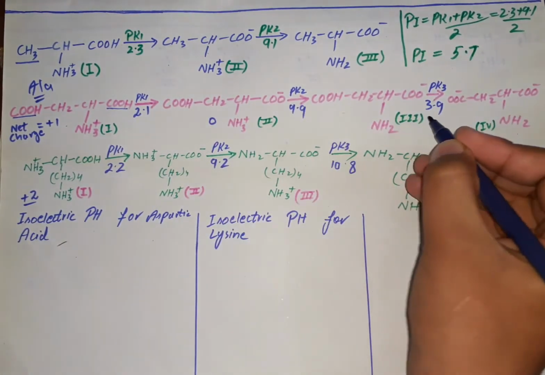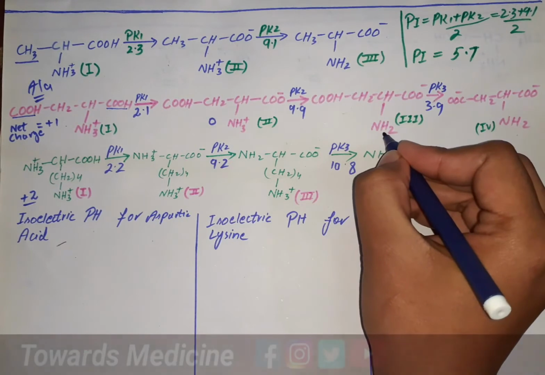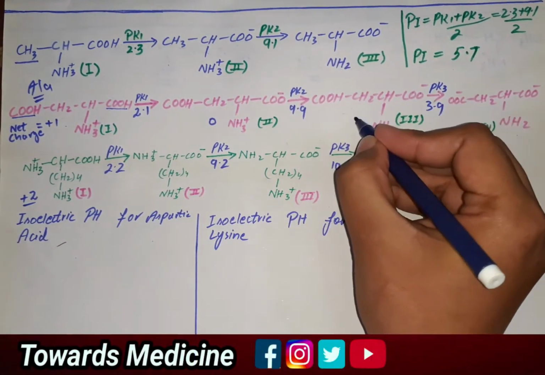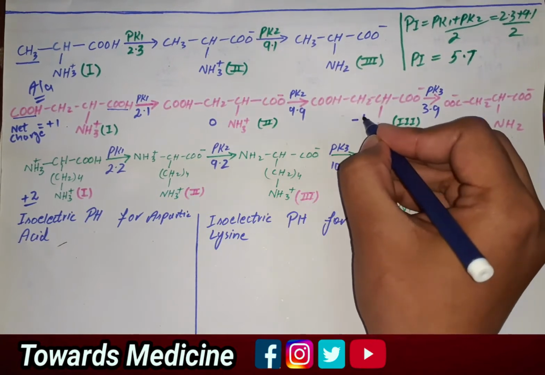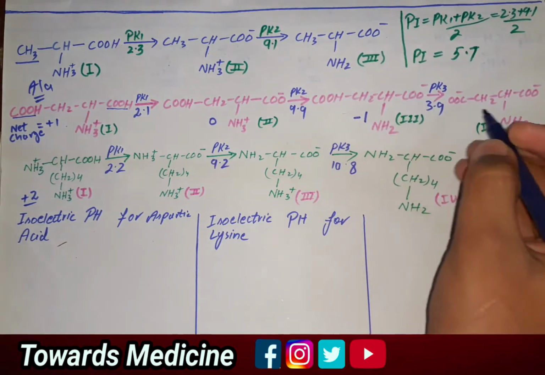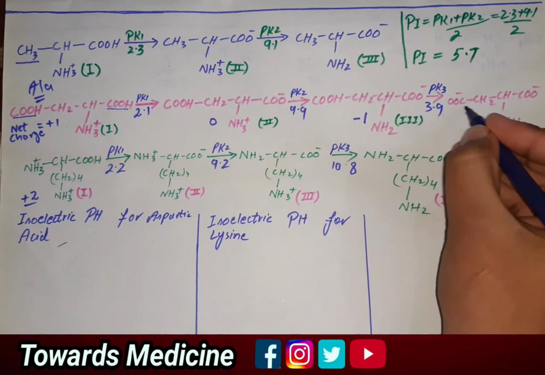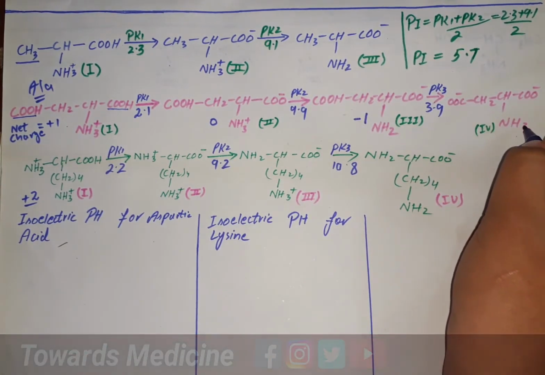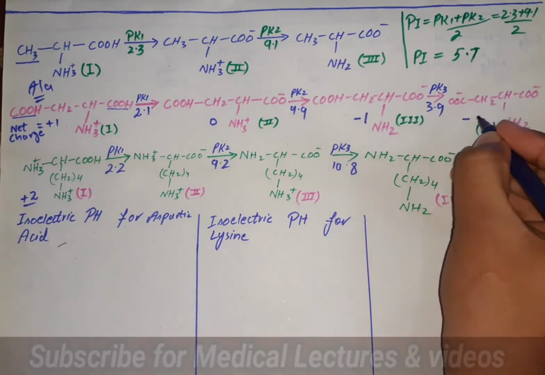In its third form, here we can see NH2 is neutral, COOH is neutral, but this COO is negatively charged, so the net charge on this amino acid is negative in the third form. And in the fourth form, COO is negative, this COO is also negative, and NH2 is neutral, so the net charge here is -2.